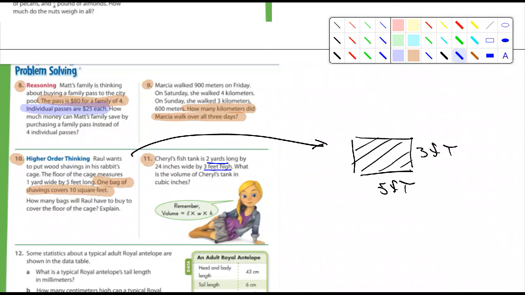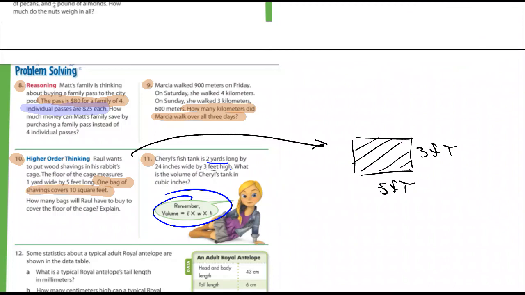And then you need to figure out the volume, and they tell you right there, remember, length times width times height. So you got some multiplication to do there. And then don't forget your answer will be the volume equals something inches what? Cubic. Cubed. Okay?